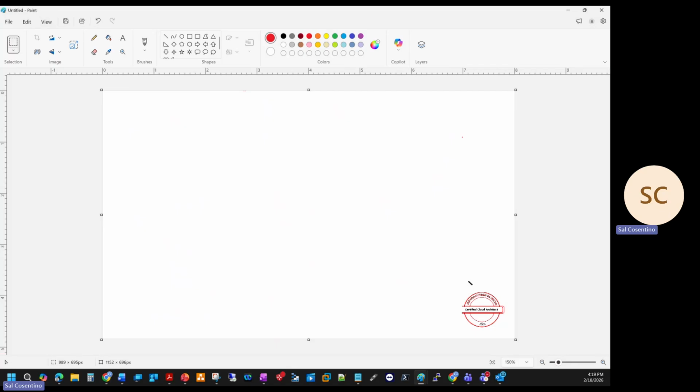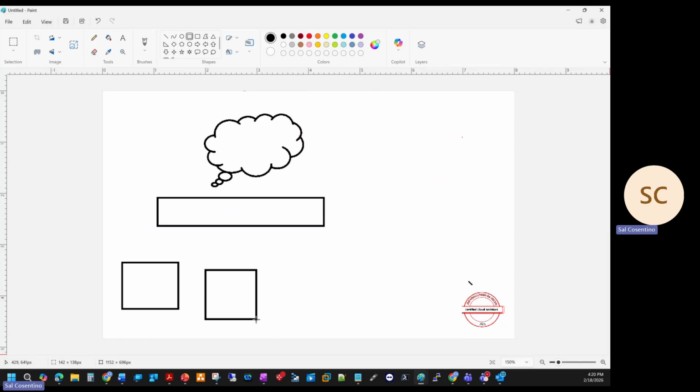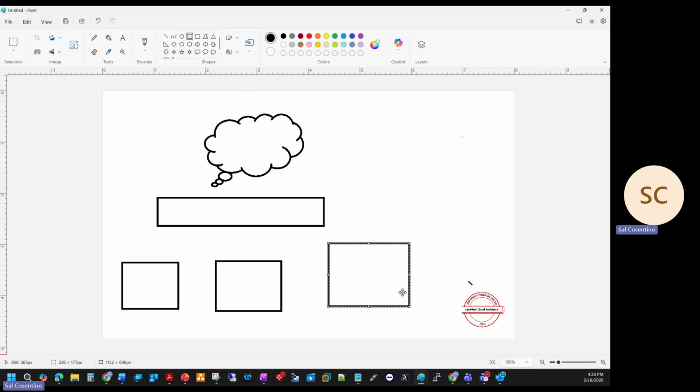We have our internet connection, we have our firewall, then we have our DMZ, our internal network, and our management network.